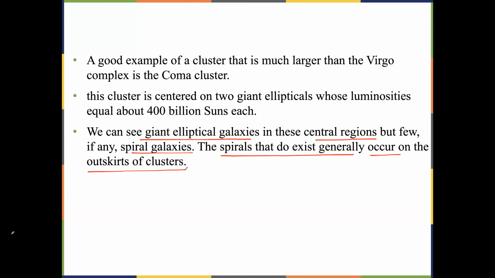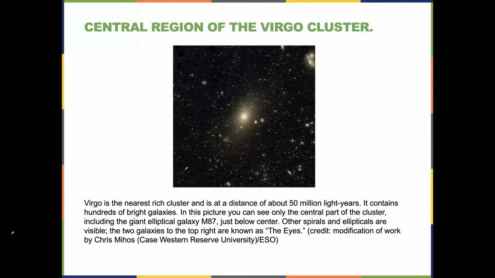So I will probably show you using some of these images, maybe today or on the next day. Now here is an image of the Virgo cluster. And you can again see that close to the center, you have this giant elliptical galaxy. And then you have other elliptical galaxies.